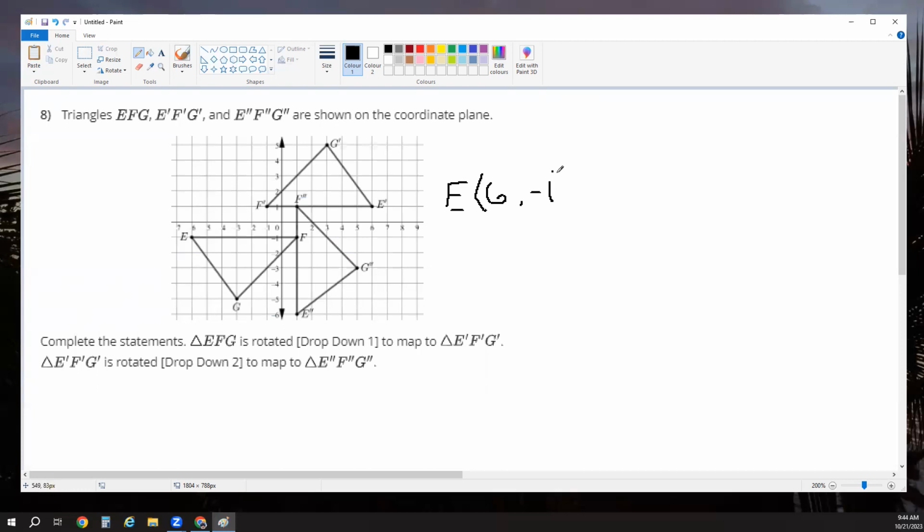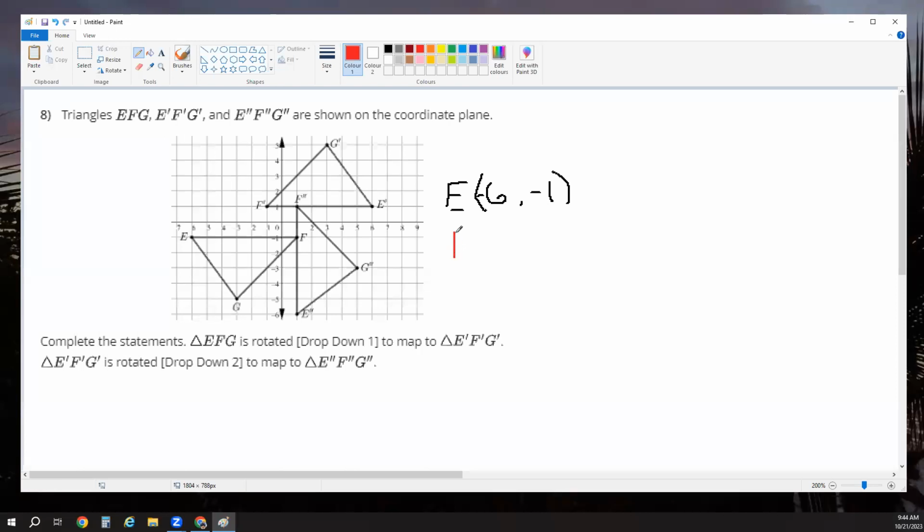And then it changed to -6, -1. Let's do the same condition here for everybody.